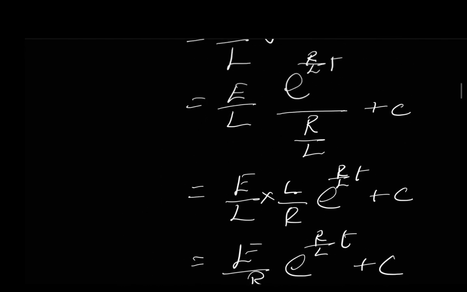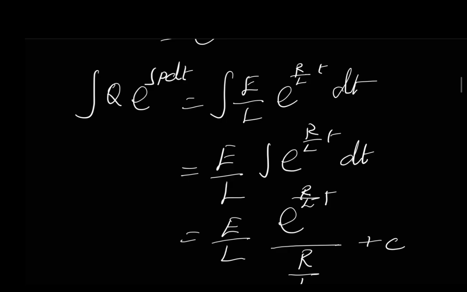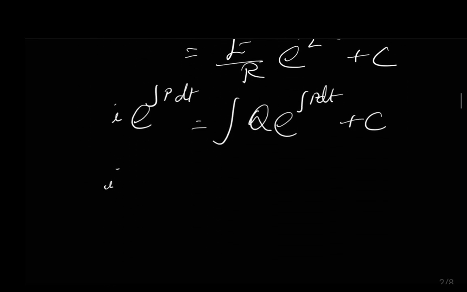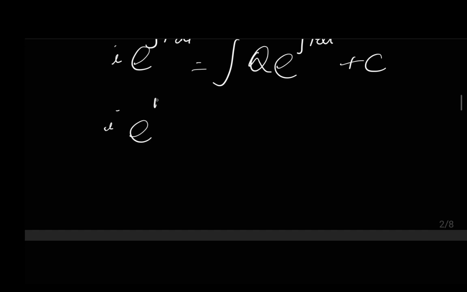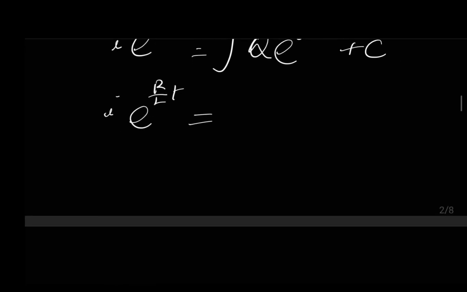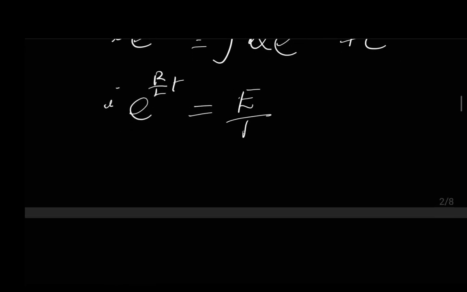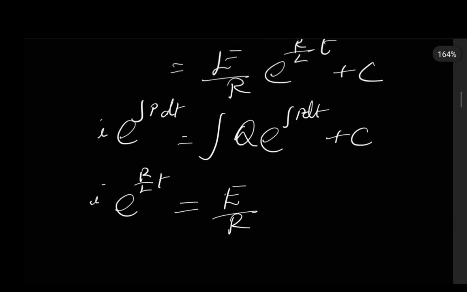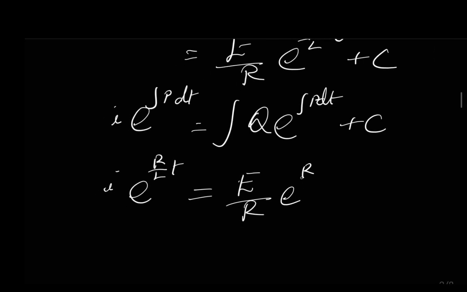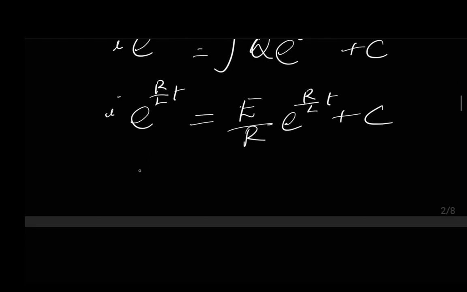I already got e^(∫P dt) as e^((R/L)t). So i e^((R/L)t) = (E/R) e^((R/L)t) + c. Now I divide each term by e^((R/L)t), which is common.